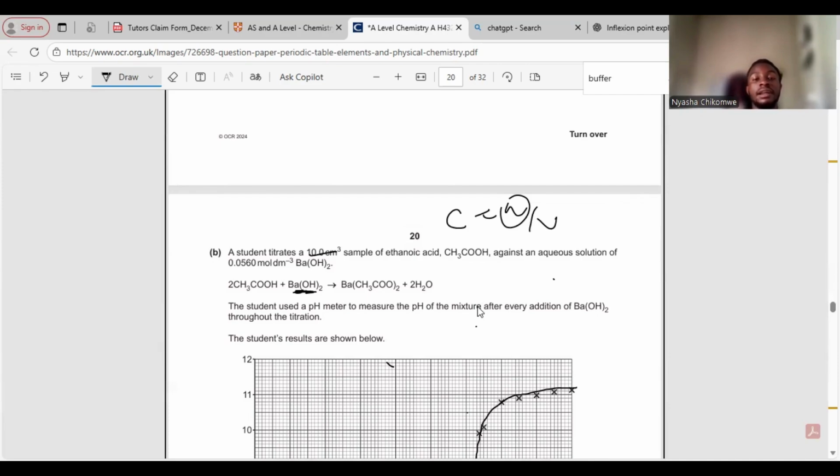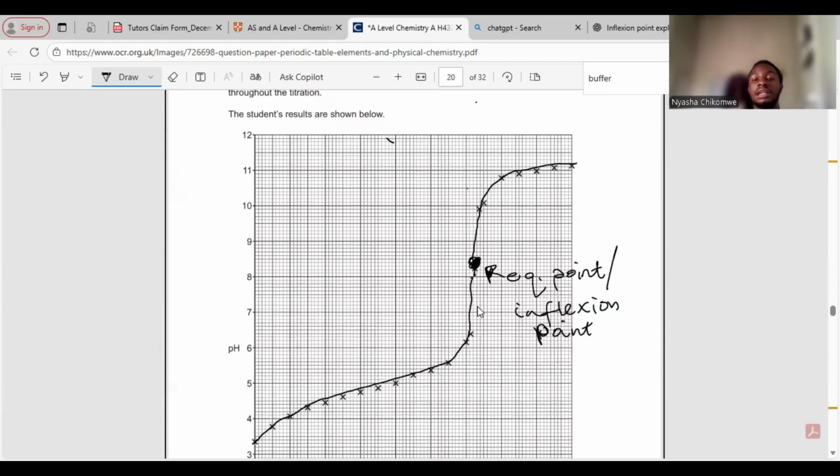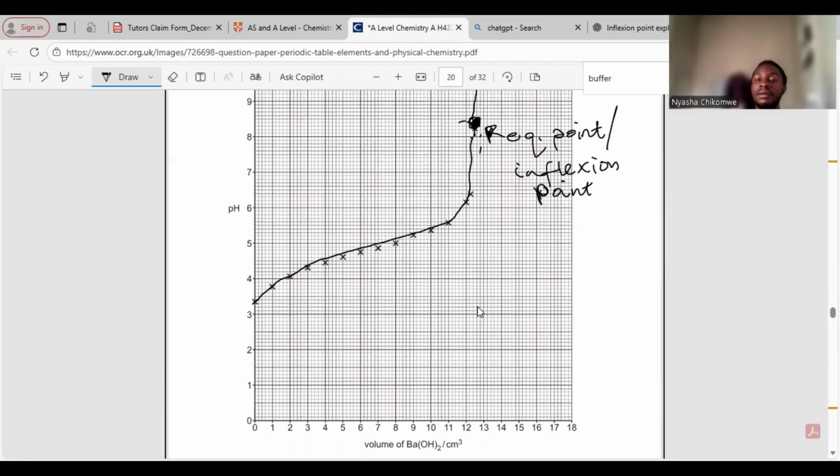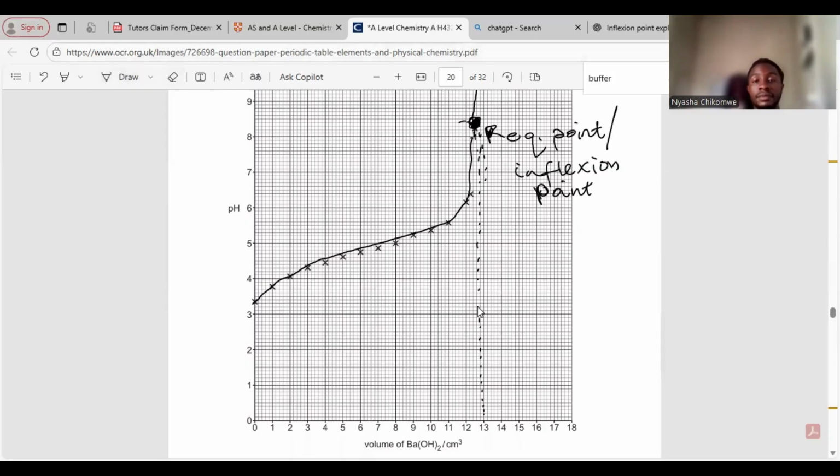So here we're given that the concentration is 0.056, and we know that at our equivalence point, this is where the number of moles of barium hydroxide are equal to the number of moles of ethanoic acid required.